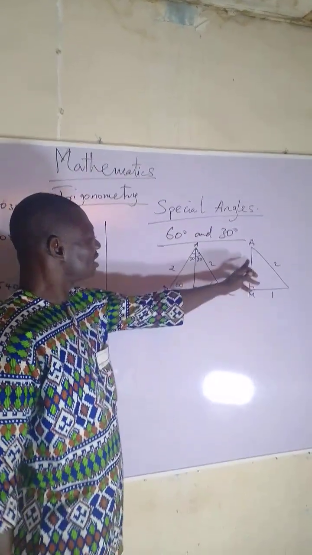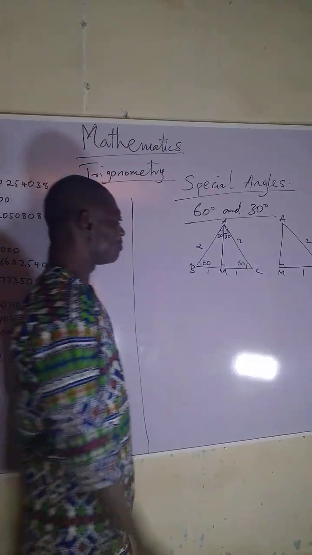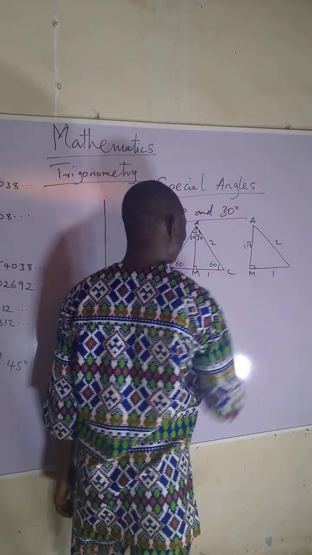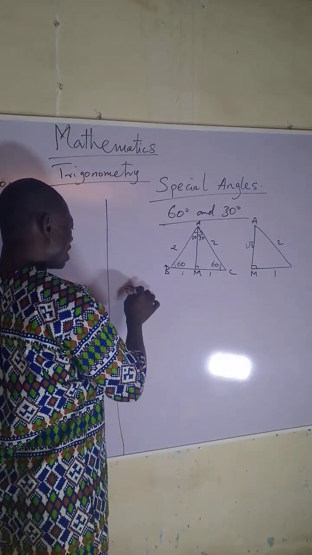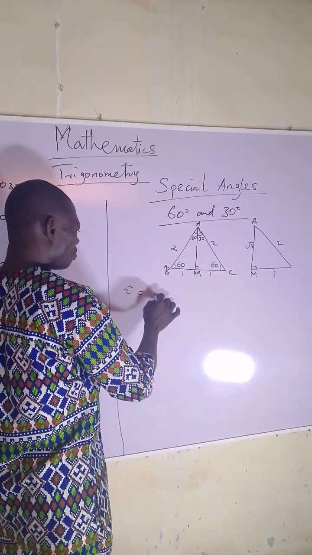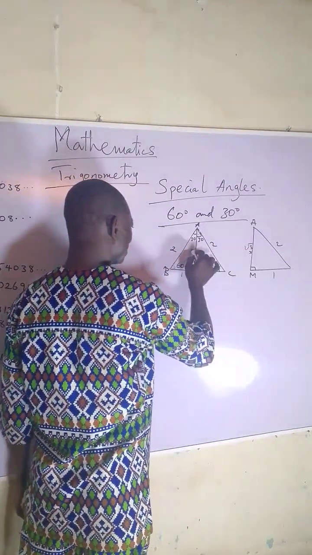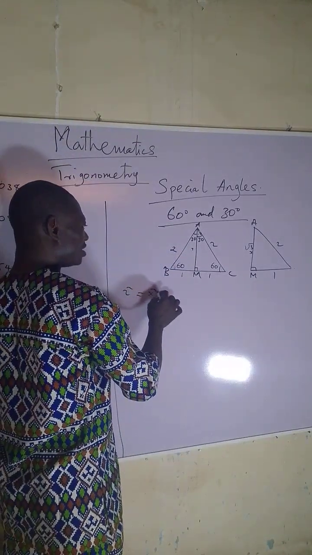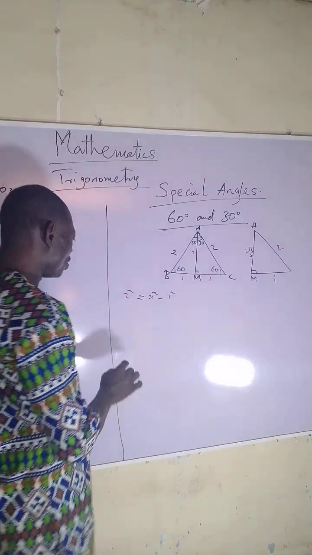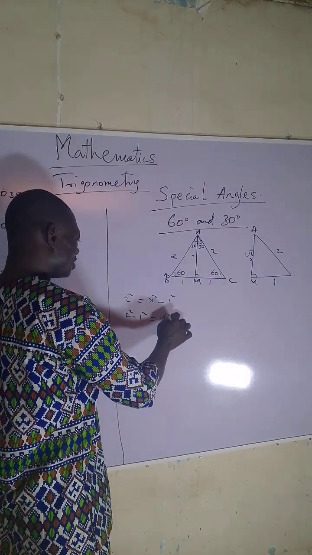Now, how do we get this side? From trigonometric ratio, that means Pythagoras theorem. We are going to find out that this is root 3. Remember, root 3 is coming from 2 squared, the hypotenuse squared, being equal to, assuming we call this x, x squared plus 1 squared. If that is the truth, then we have 2 squared minus 1 squared is equal to x squared.